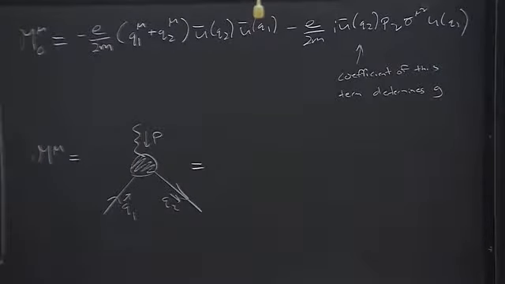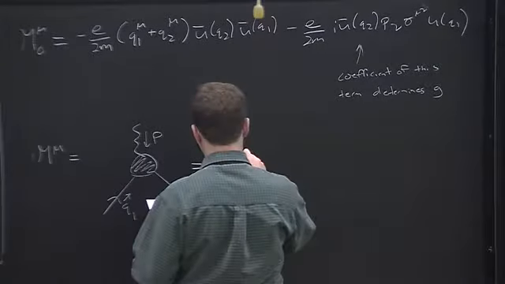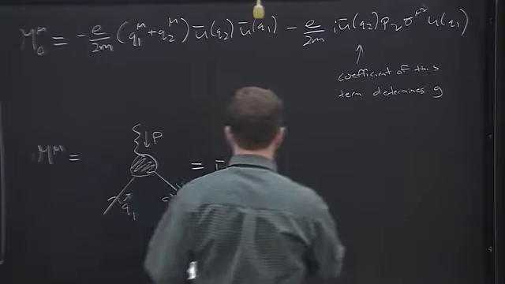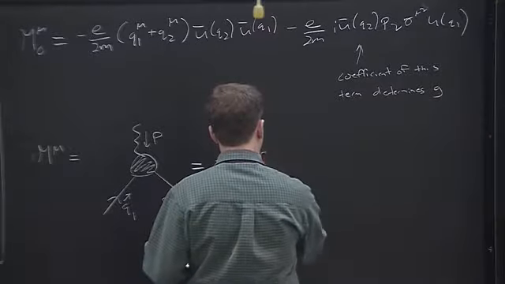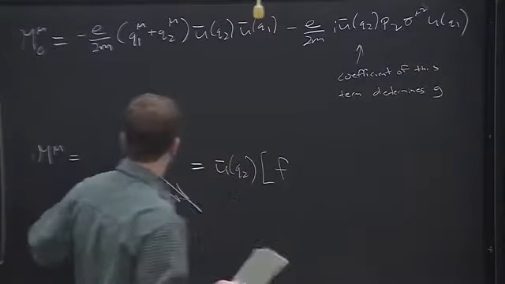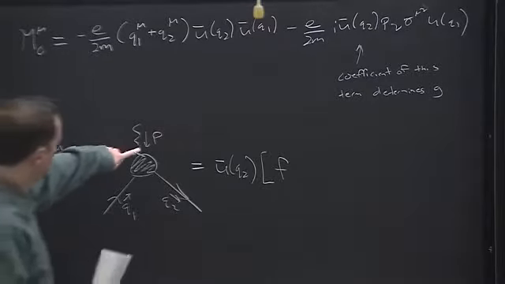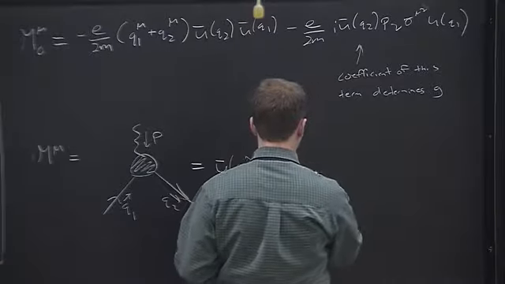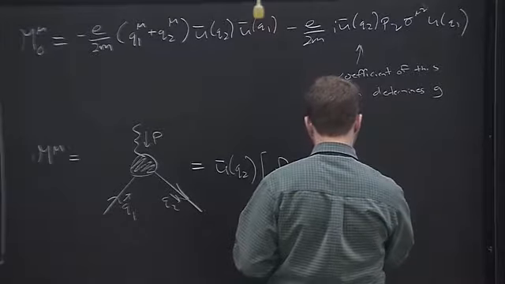In general, just based on Lorentz invariance, we expect that our answer takes the following form. We've got two external fermions, so it'll have a ū(q2) and a u(q1) at the end. Then there are only 4 different ways we can make a Lorentz vector from p, q1, q2, and γ. So we can have some scalar function multiplying each of our vectors.